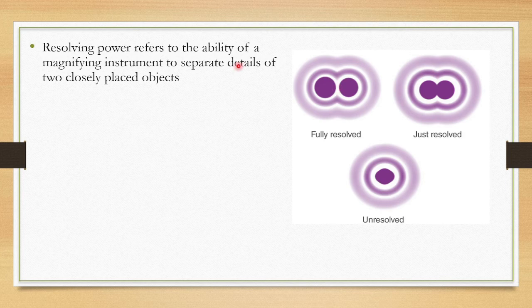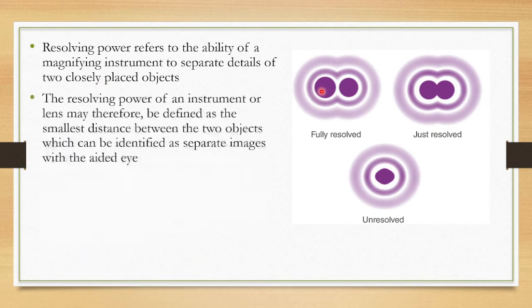Let's look at the definition. Resolving power refers to the ability of a magnifying instrument, here a microscope or telescope, to separate the details of two closely placed objects. So these are two closely placed objects and you can see the details here. Another definition is the smallest distance. These two objects are closely placed, so there is a little bit of space.